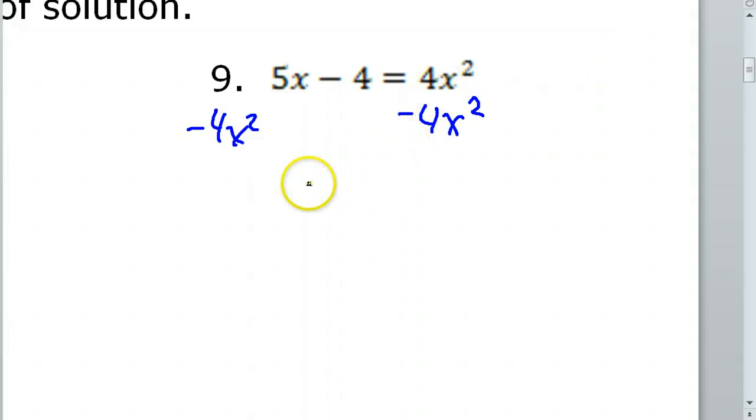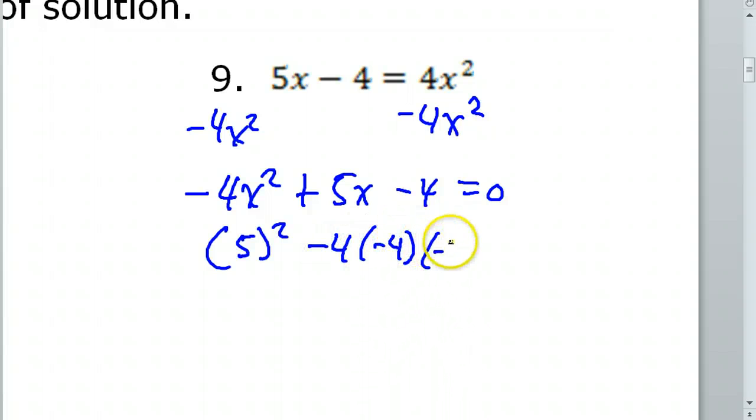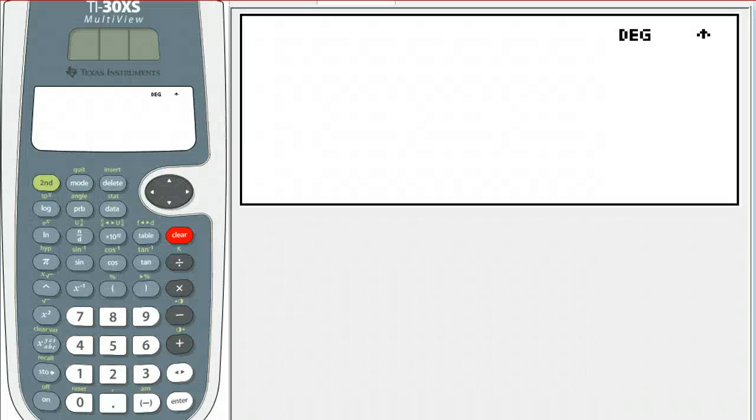So b squared minus 4ac becomes 5 squared minus 4 times negative 4 times negative 4.